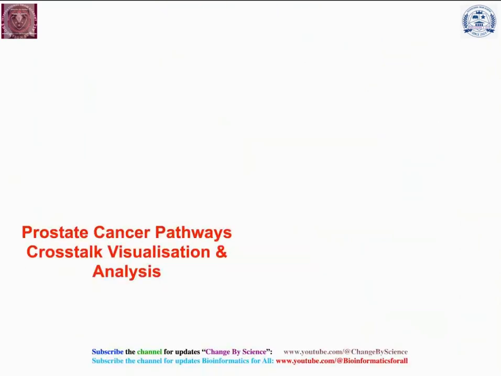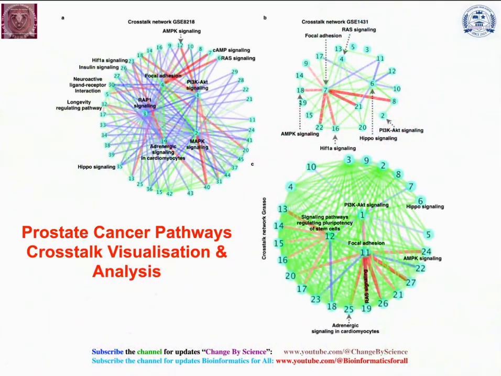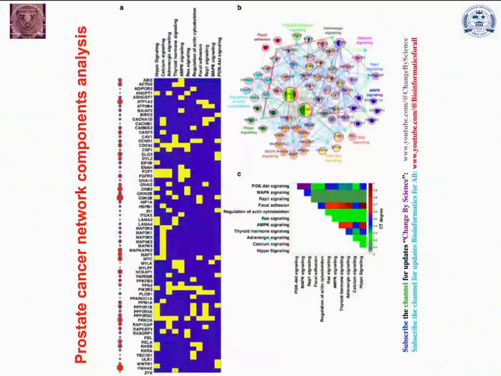Now, when you are talking about prostate cancer pathways and their visualizations, crosstalk visualization analysis, you need to think deeply. As I mentioned, find the best way of presentation and visualization so that people, before reading the text, can understand from the graphical presentation itself.